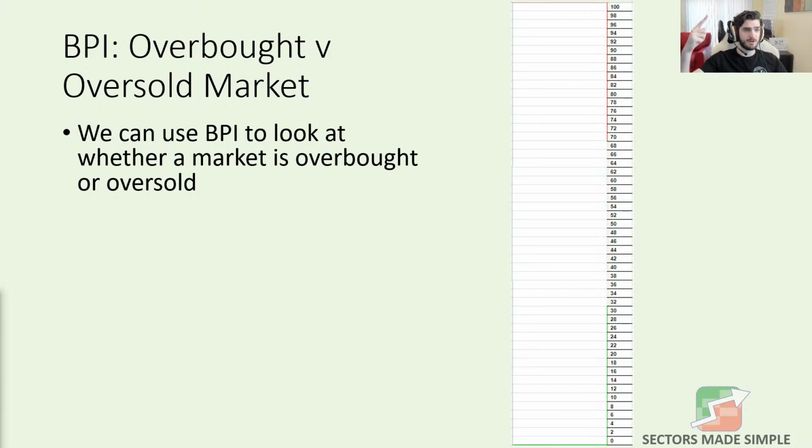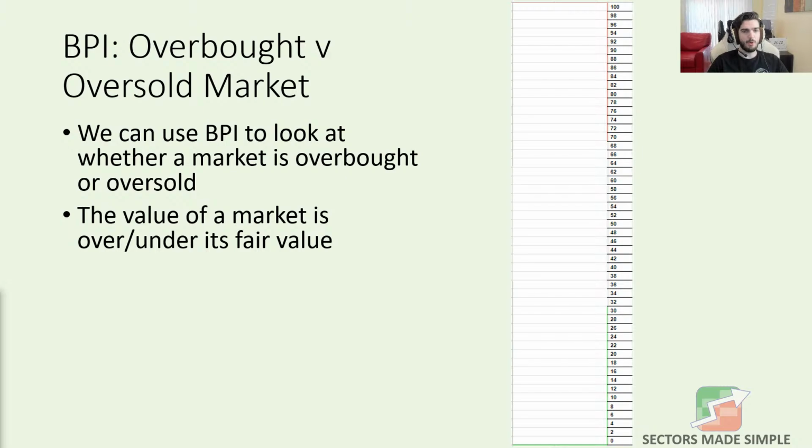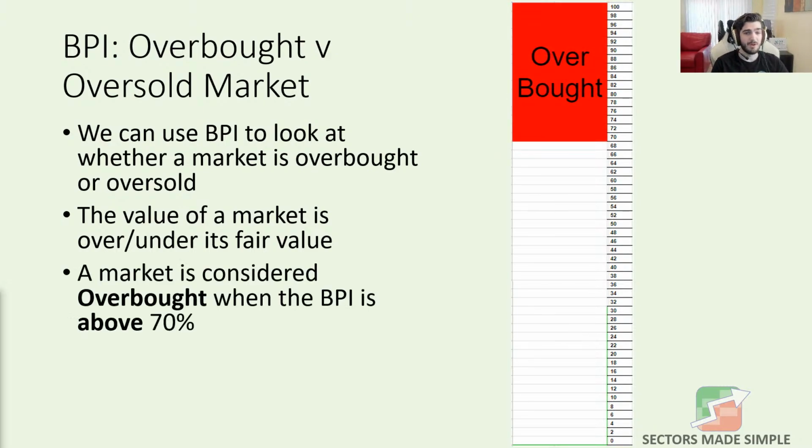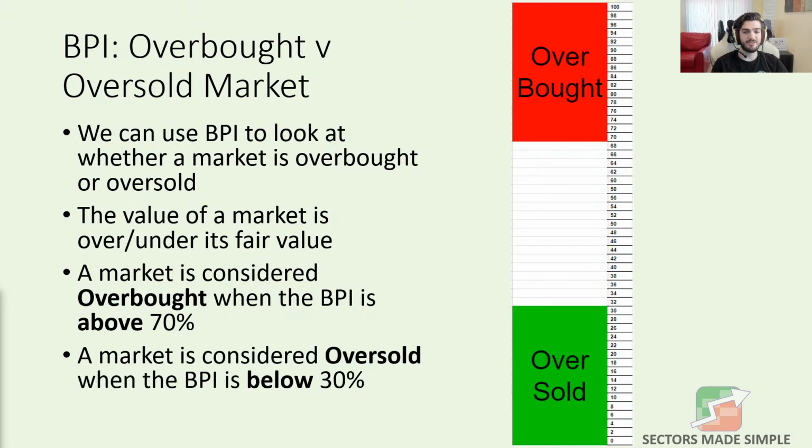So let's again take our scale of 100 to 0 here. Overbought and oversold refers to the value of a market, whether it is above or below what the fair value is. If that doesn't mean much to you, don't worry. This is the important part. A market is considered overbought when the BPI is above 70%, and a market is considered oversold when the BPI is below 30%.